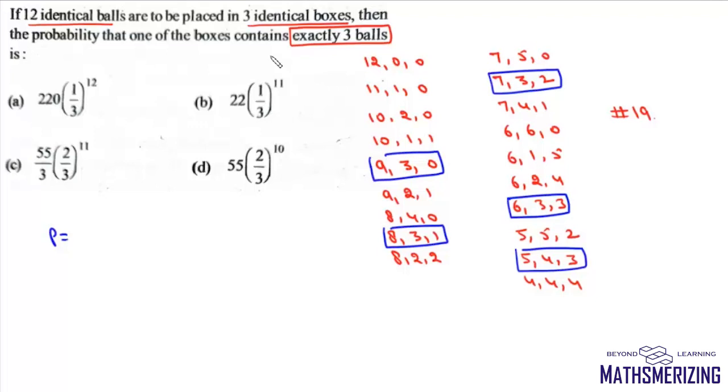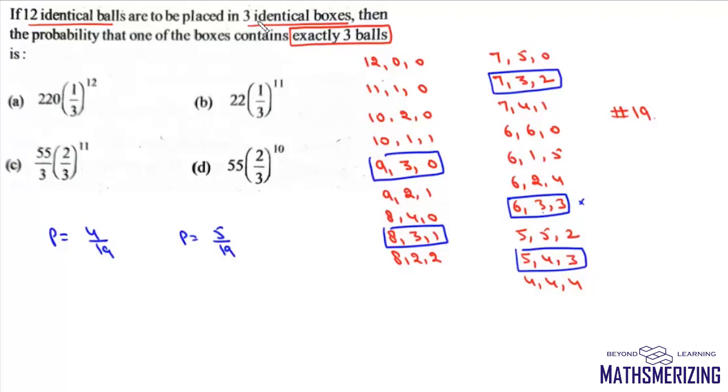When it says one of the boxes contains exactly 3 balls, does that mean out of the 3 boxes there is only one which contains exactly 3? If that is the case, then we'll discard this. So this probability will be 4 by 19 if 2 boxes cannot have 3 3, and if it is 3 balls in at least one of the boxes, then this probability will be 5 by 19, and it doesn't match any of the options.